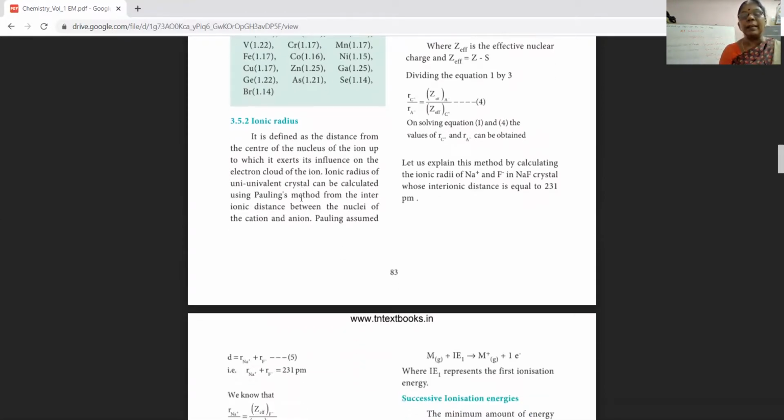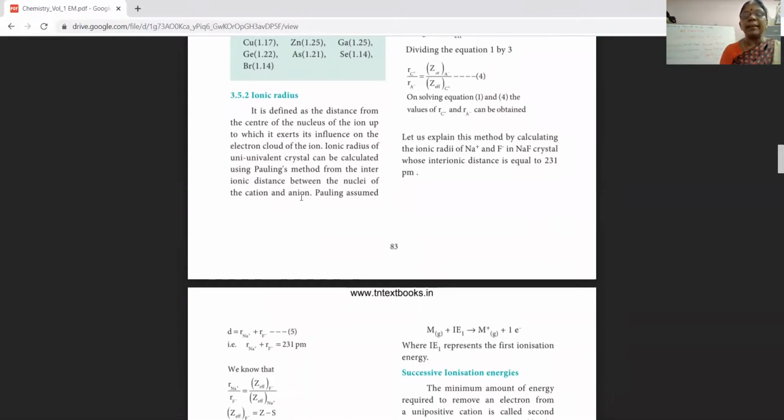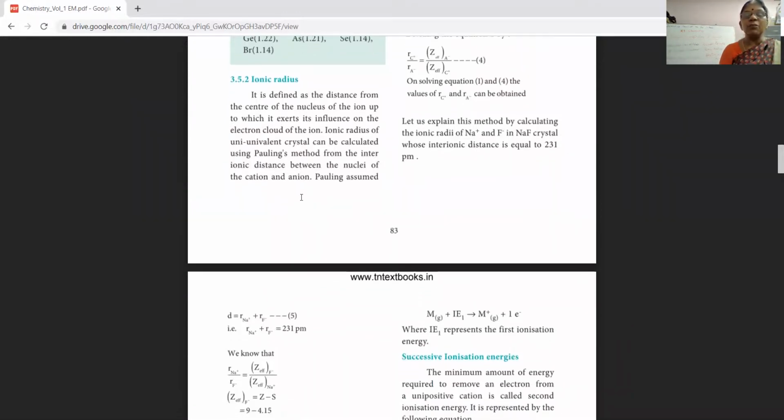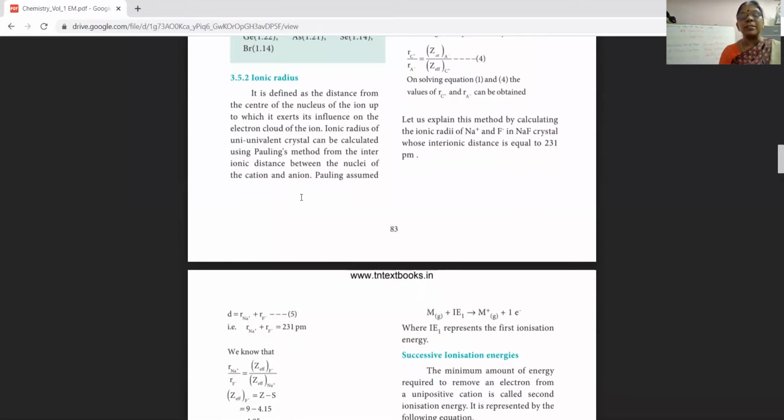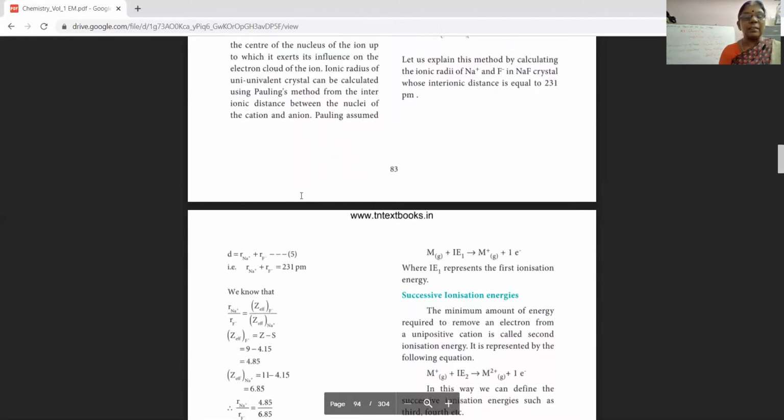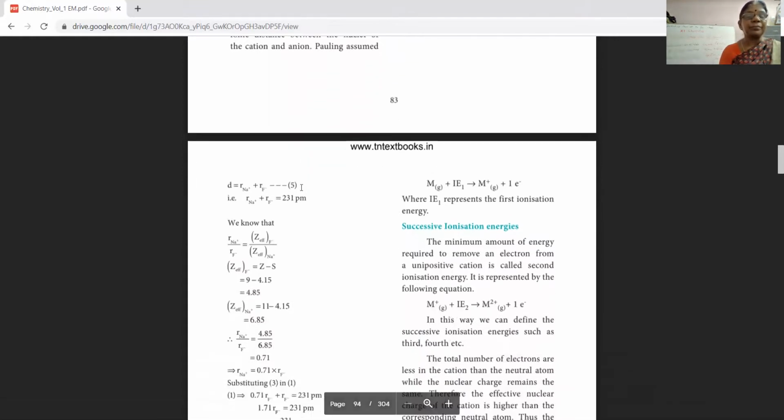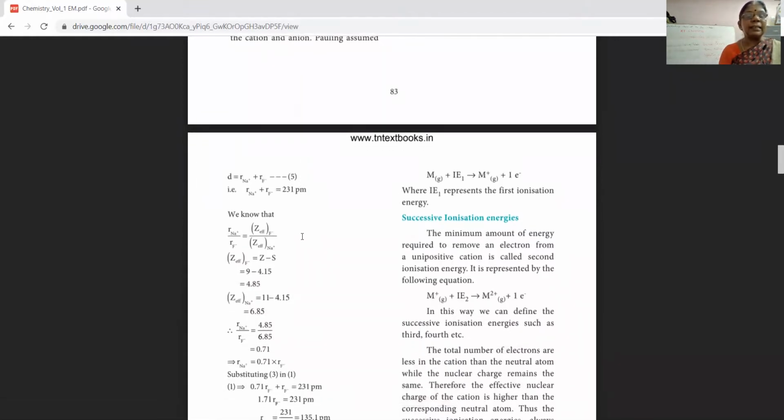Now, using this method, we are going to calculate the radii of Na+ and F- in the NaF crystal, that is sodium fluoride crystal, whose interionic distance is equal to 231 picometer. The distance of NaF is equal to RNa+ plus RF-. Therefore, this value is equal to 231 picometer, that is given in the problem.